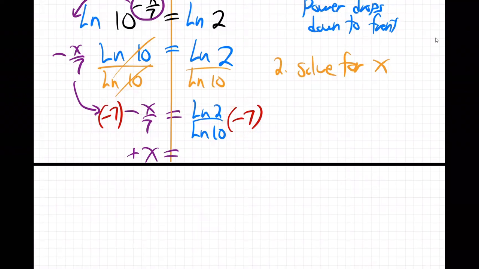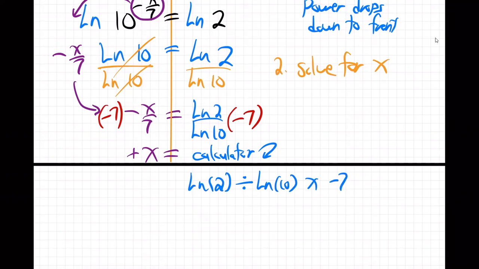You just hit the buttons on your calculator. So you just do ln 2 divided by ln 10 times negative 7 and hit equals.